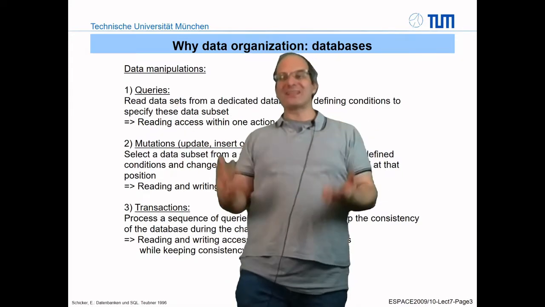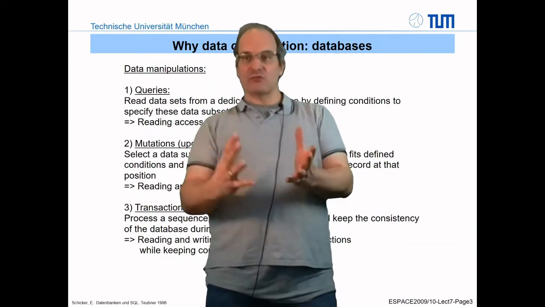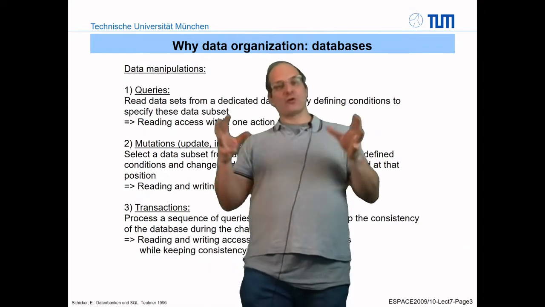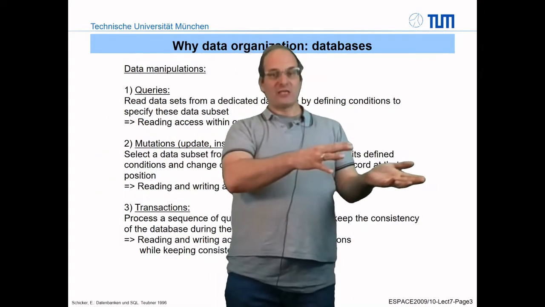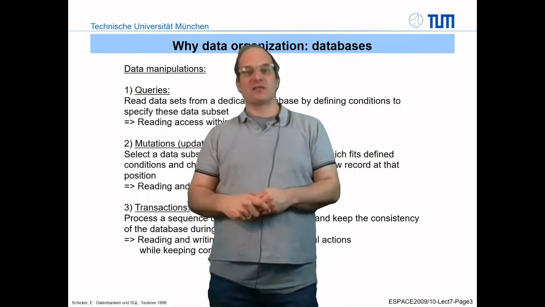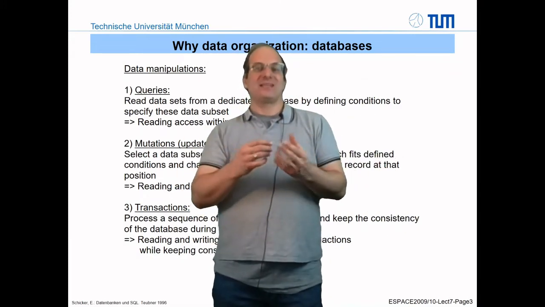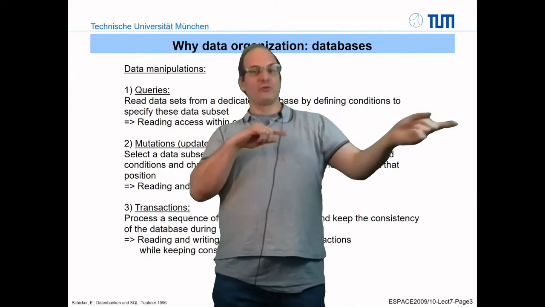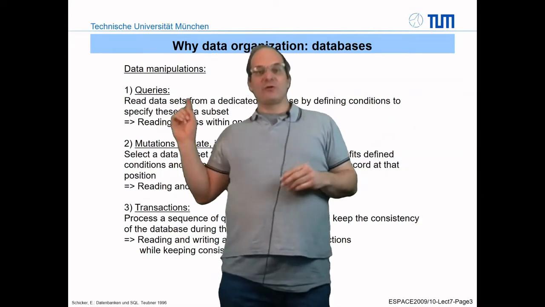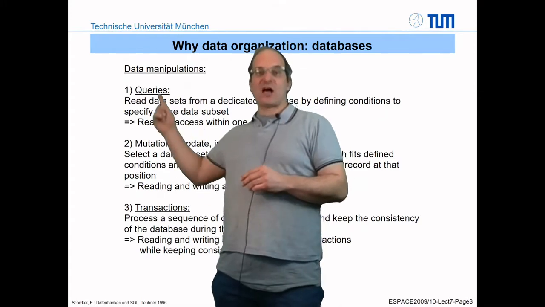You request data, you read data, it's just reading, and you request data according to a special key. You want to know additional things which are related to the key, or you want to get all of the data which you can find in combination of two keys or something like that. So you just ask for data.